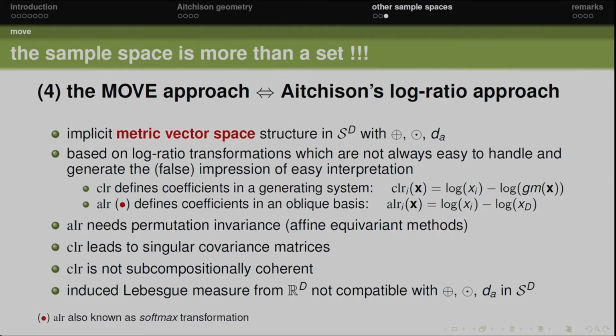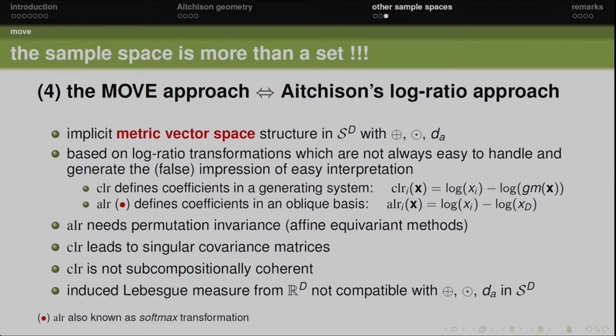And this makes it confusing. The problem with the ALR, apart from interpretation, that you have always a log ratio, is that it is associated to an oblique basis in the Aitchison geometry, and this has additional difficulties because working in an oblique basis makes it more difficult to deal with distances, etc.